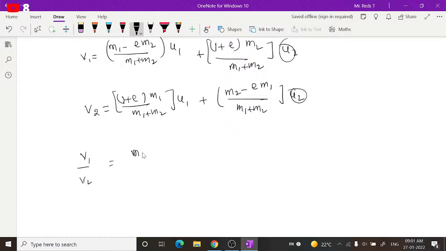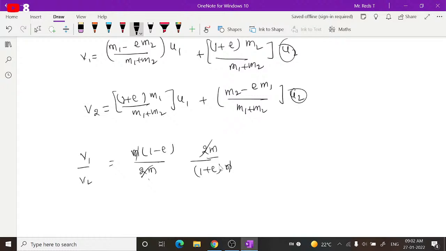As m is common, you can take this as m into (1 minus e) by 2m into, of course, u1 divided by this, which becomes (1 plus e) into m by 2m. So 2m gets cancelled, m gets cancelled. What will you get? (1 minus e) by (1 plus e). This is how you will get this one.